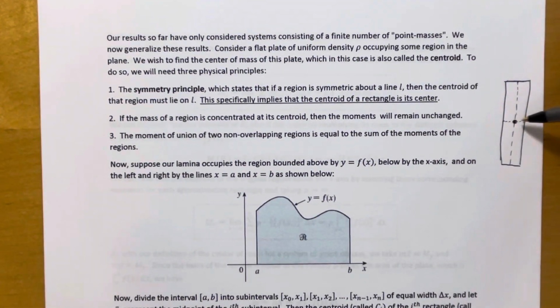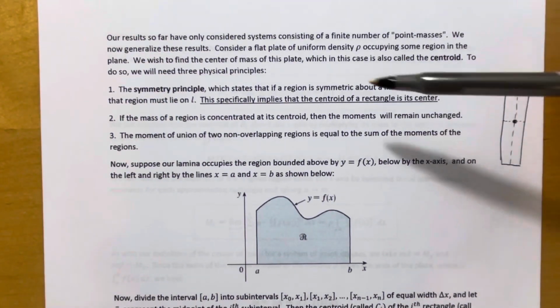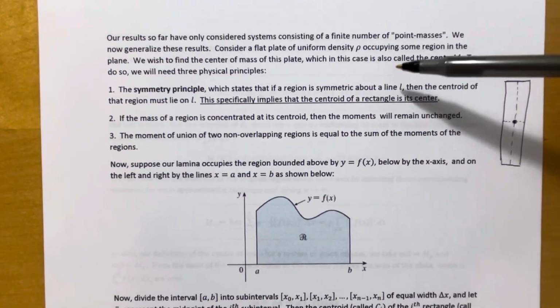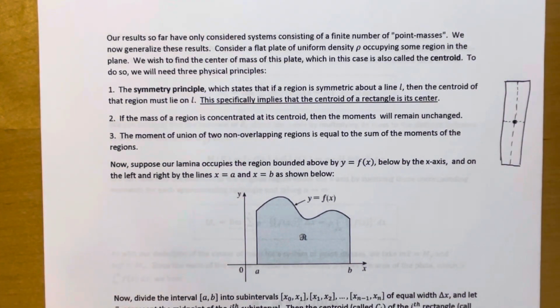So we're going to need this specific result in our derivation. Second, if the mass of a region is concentrated at its centroid, then the moments will remain unchanged. Remember, in our previous example, we were thinking of the system of point masses as each having their own moment. Now there's an infinite number of points in this rectangle, so they each have their own individual moments.